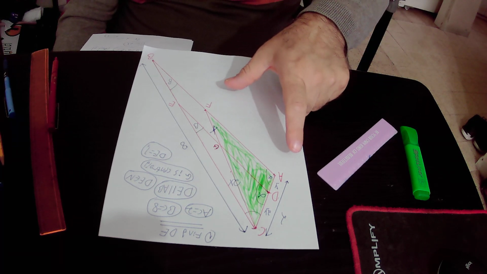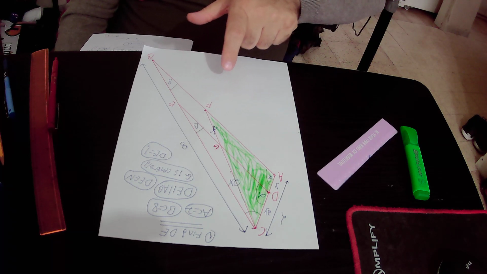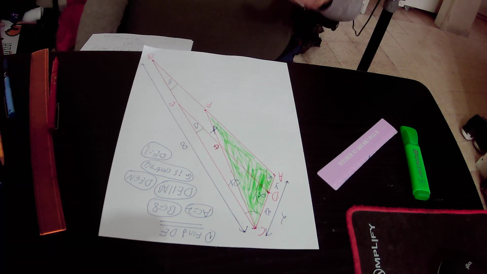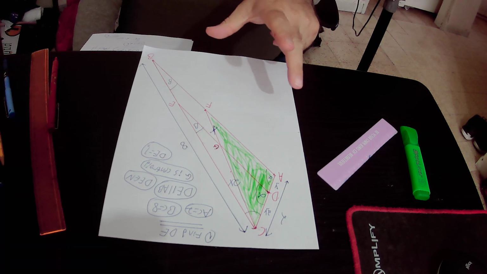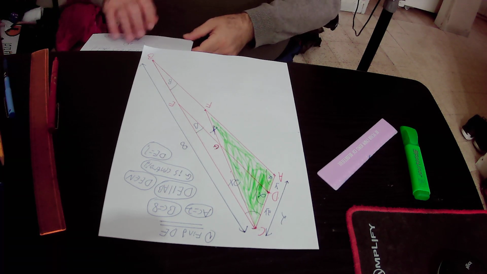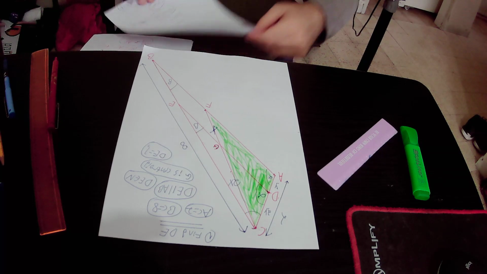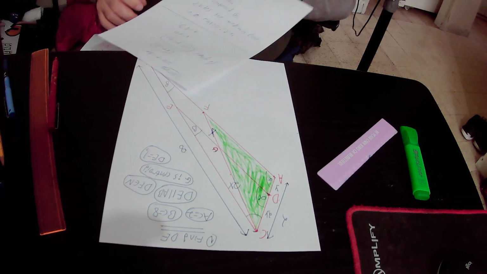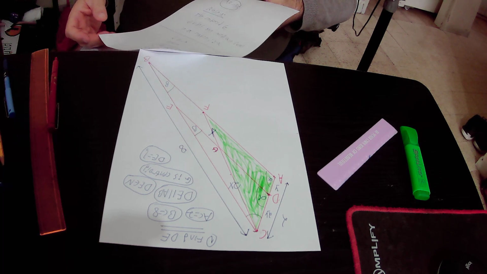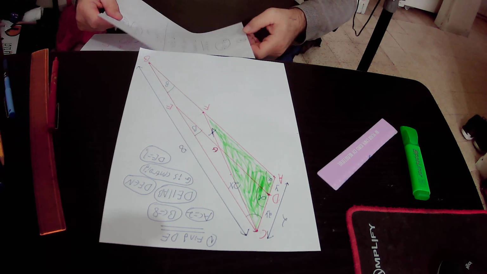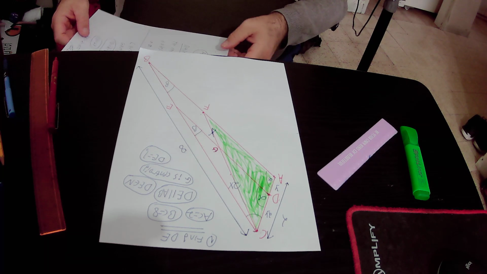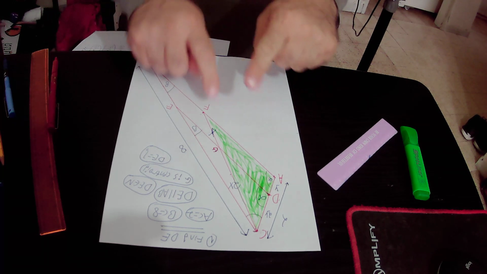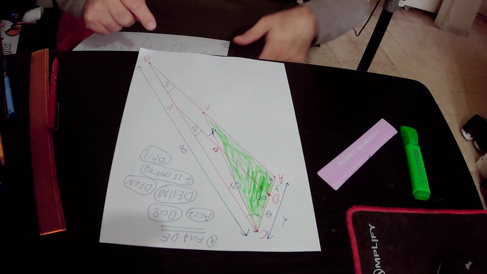That is to say, AF equals BF, or the median CF divides side AB into 2 equal parts. Okay? So we want to find the value of DE, or the size of DE.